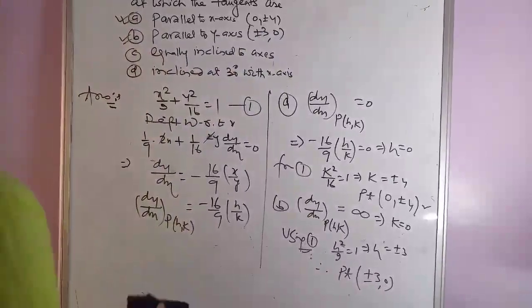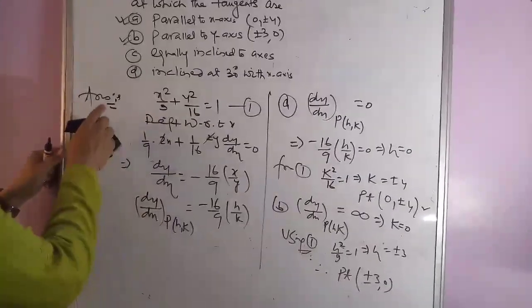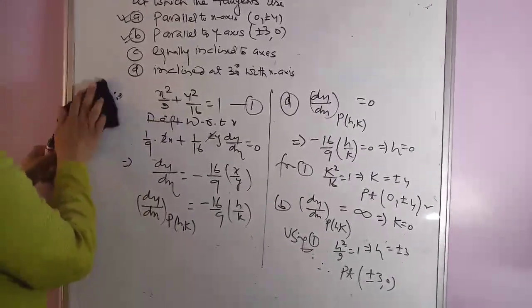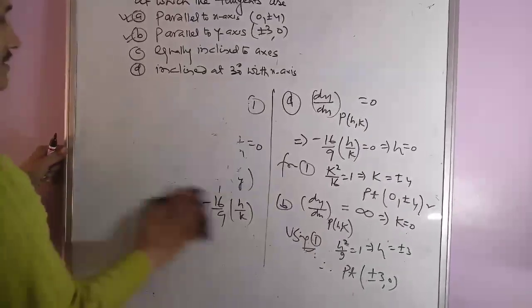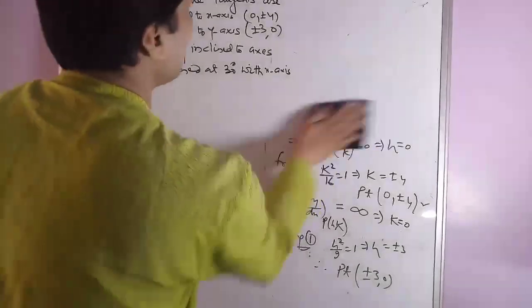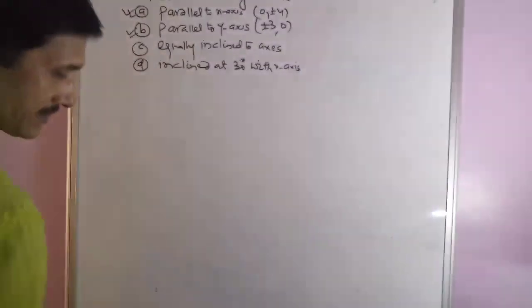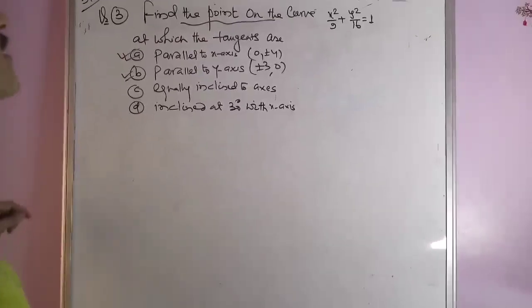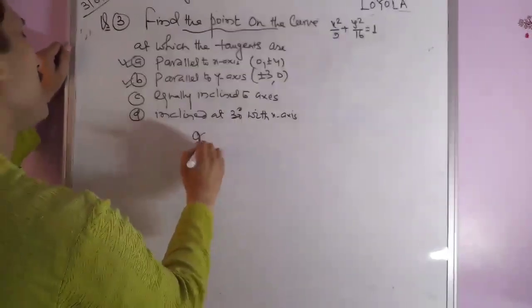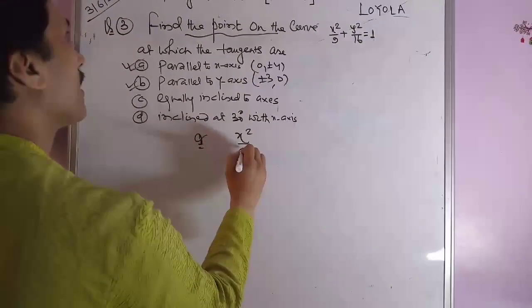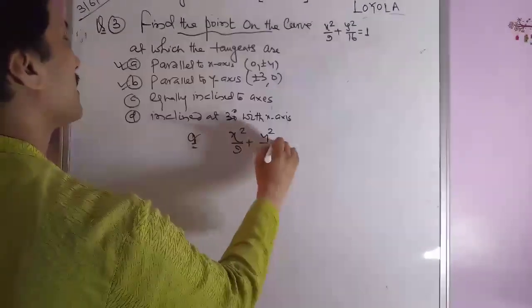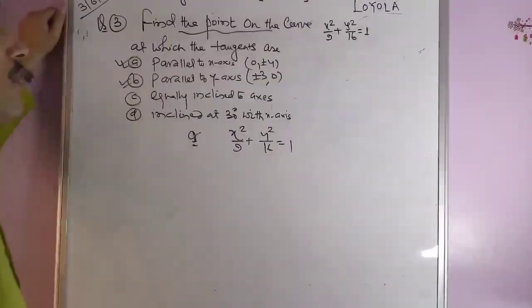Now we do these two parts within second, if we have an idea about the given curve x square by 9 plus y square by 16 equal to 1.